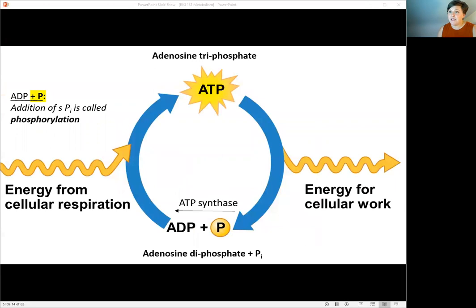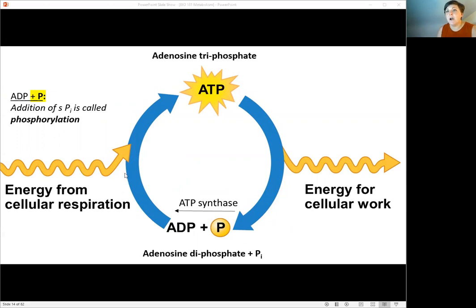A benefit of ATP being the preferred source of energy in cells is that it functions sort of like a battery in that it can be charged up. ATP stores a lot of energy in that high energy bond. But when that bond is broken and energy is released to perform other cellular work, this results in the lesser energetic adenosine diphosphate, or ADP, plus the phosphate that popped off.